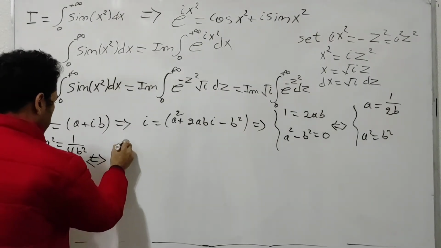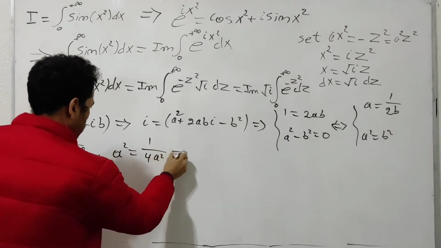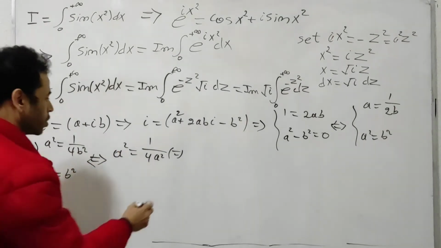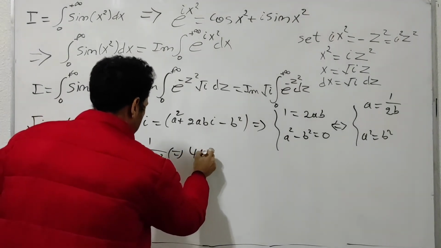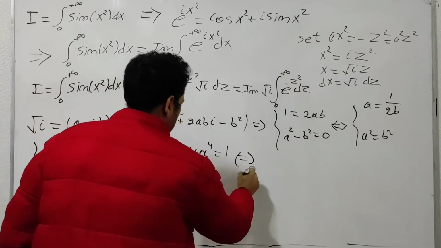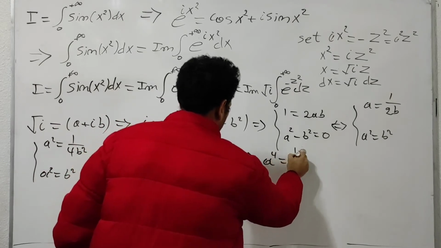I will get a squared equal to 1 over 4a squared. By multiplying side by side, I will get 4 times a to the fourth equal to 1. That means, equivalently, a to the fourth equal to 1 over 4.